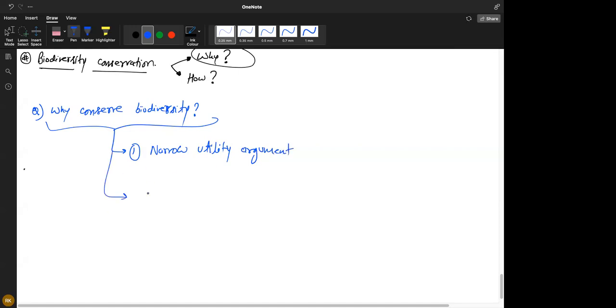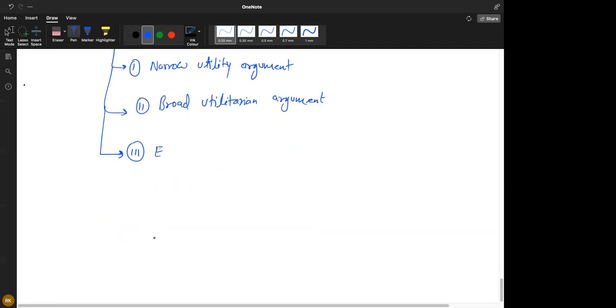The second is the broad utilitarian argument. And then third, because we are humans, we have some moral principles, ethics. So the third is the ethical argument. Okay.